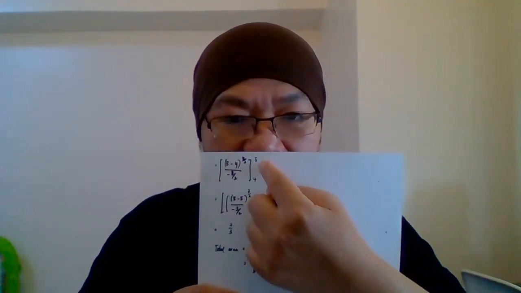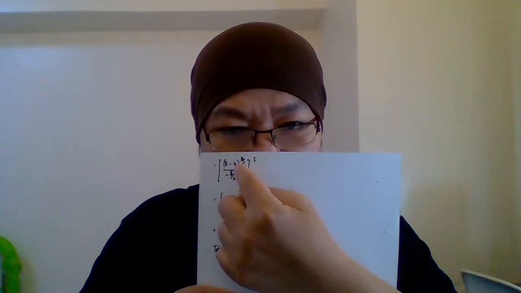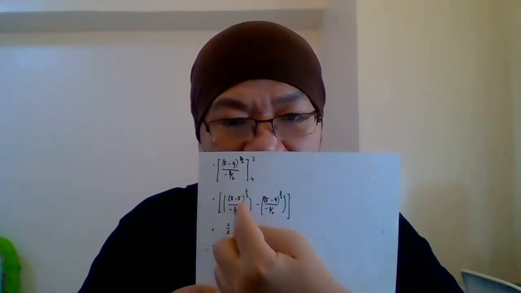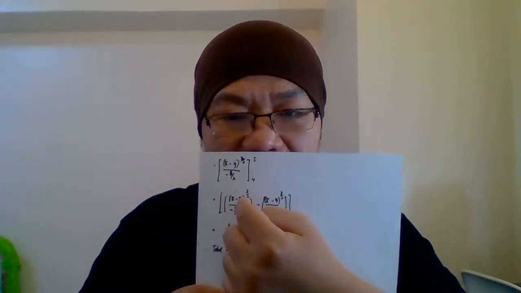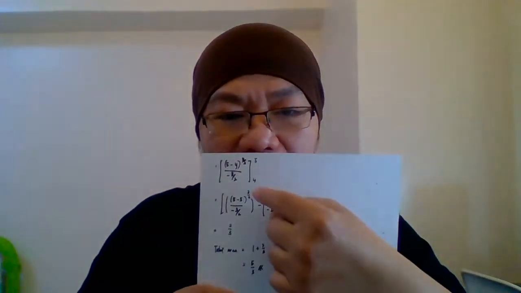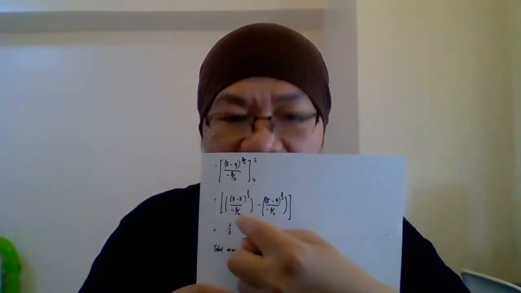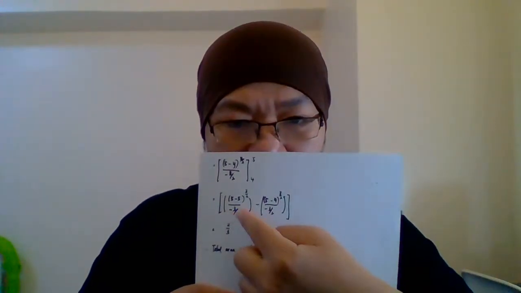Okay, let's do again. We insert 5 first. So this is 5 minus 5 over negative 3 over 2. 5 minus 5 is 0. 0 power anything is always 0, and over a number is still 0. So the first part simplifies to 0, minus.